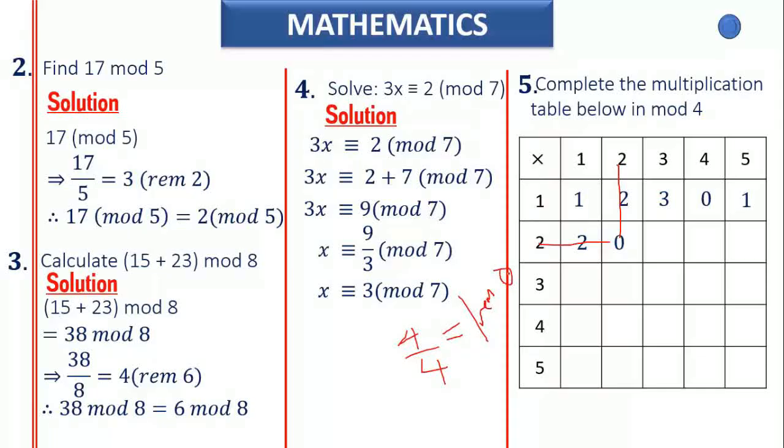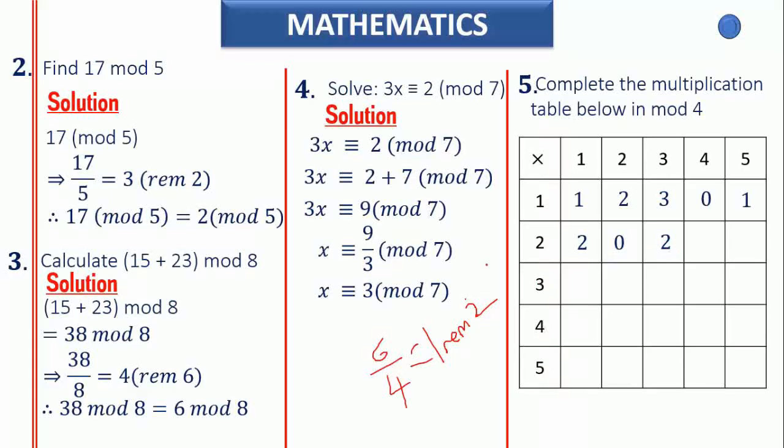So if you do that, of course you know that will give you 0. And 3 times 2, that's 6. That's 6 divided by 4, that equals 1, remainder 2. So that's why we have 2 here.